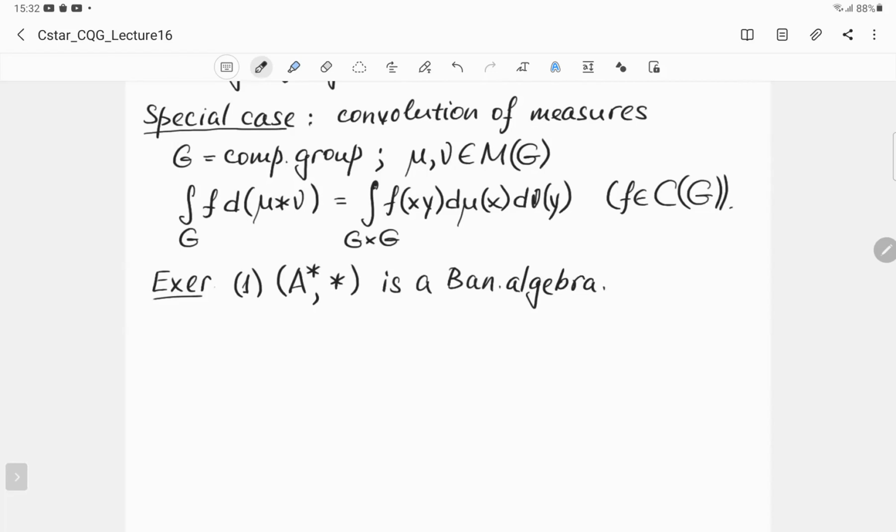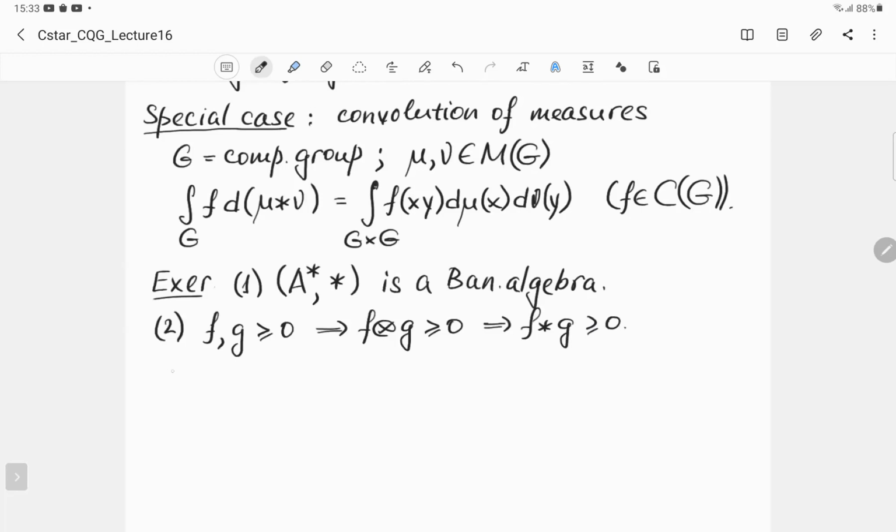In fact, the associativity of the convolution is immediate from the coassociativity of the coproduct on A. Second, it's easy to show that if we take two positive functionals f and g on A, then their tensor product, f tensor g, is also positive. And this easily implies that the convolution is positive.